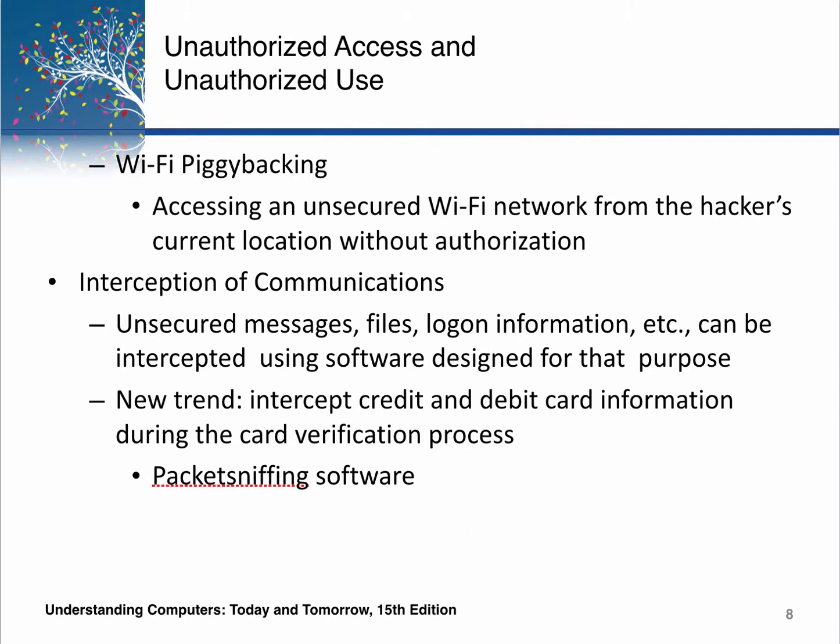to intercept communications. Back during the Sochi Olympics, a lot of internationals were going to Russia, and as soon as they got to Russia, they'd log on to the first unsecured Wi-Fi network. Now what do we mean by log on? Does that mean they went into a browser, loaded up a website, and typed in their username and password?